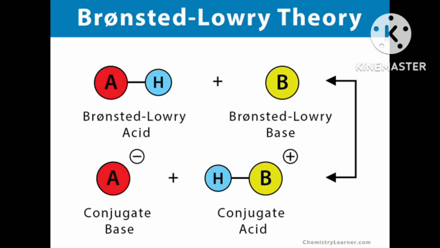They differ only by one proton. So for HF it is F minus, for H2SO4 it is HSO4 minus, and for HCO3 it is CO3 1 minus. See how easy it was, because now you know it, you solved it very easily.